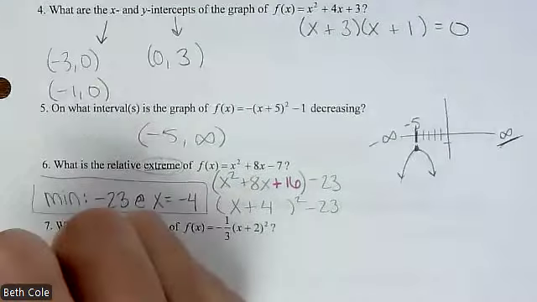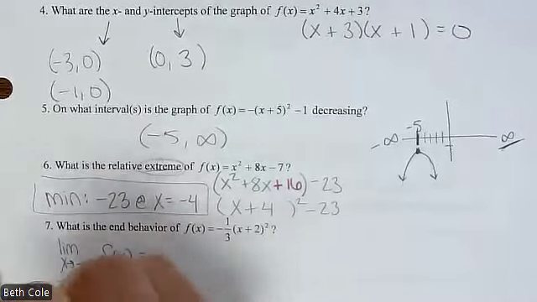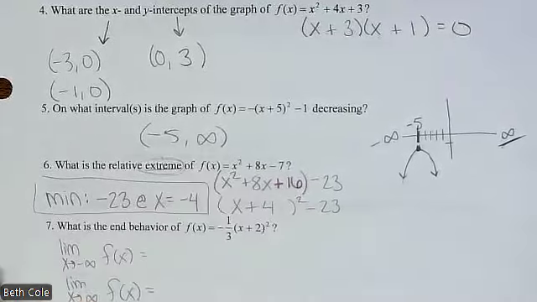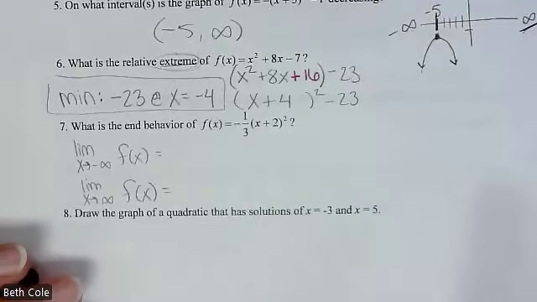All right, end behavior. Let's write our limits. For a U shape, for a parabola, they either both go up or both go down. You can't have them go opposite directions. So they're either both up or both down. And in this case, what do you think for that graph? Are they both going to go up or both going to go down? Down.